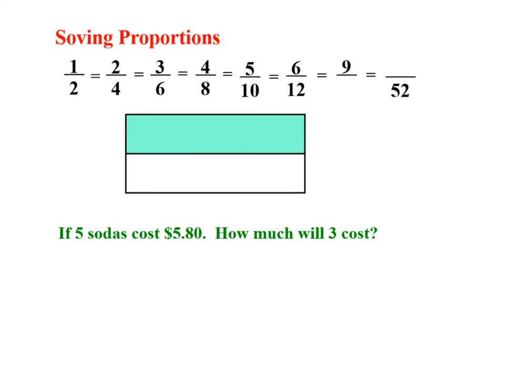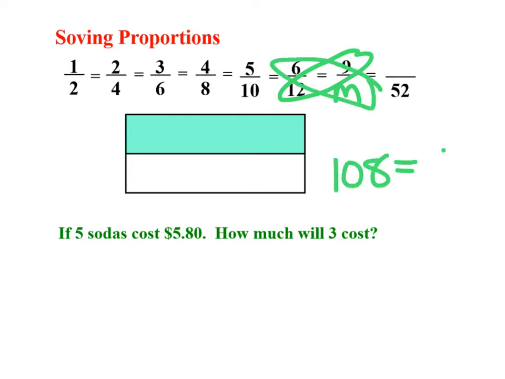But I want to show you a different way, and that's called using that idea of cross products to solve it. What you know is if this is an m or some sort of variable that we don't know, you know that 12 times 9, which is 108, is equal to 6 times m. And so you might notice what you did is you multiplied the two diagonals, 9 and 12, and got 108.